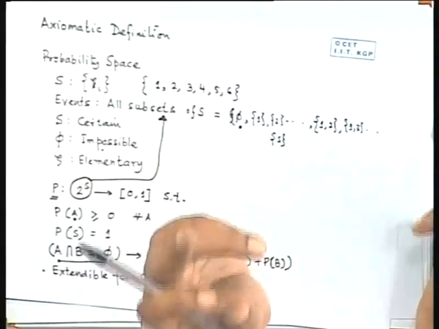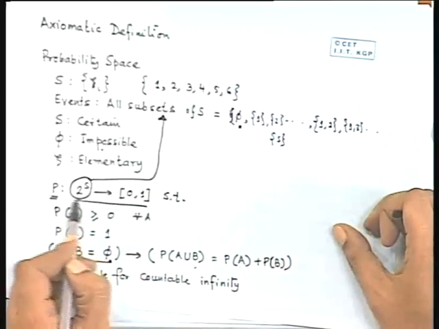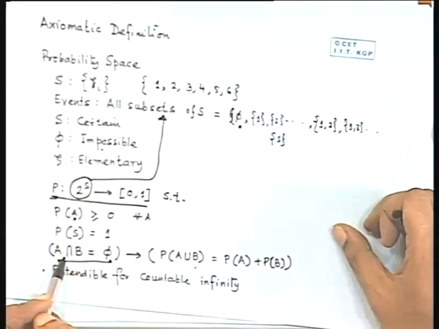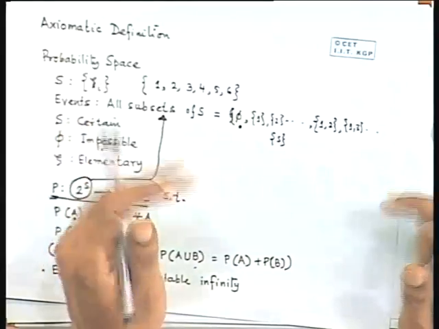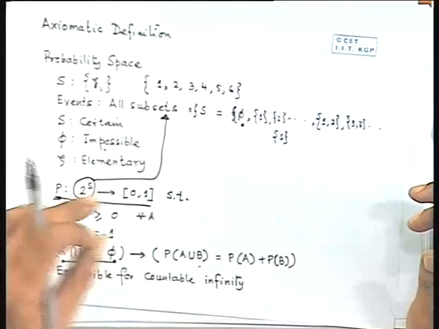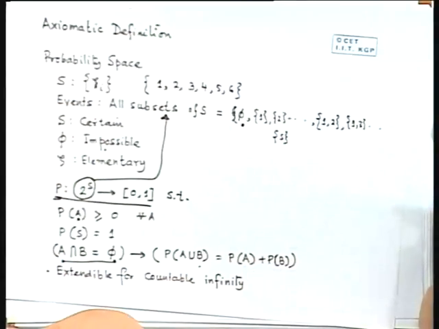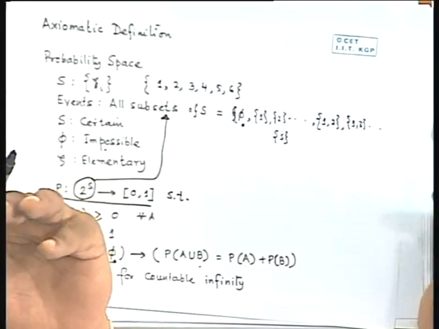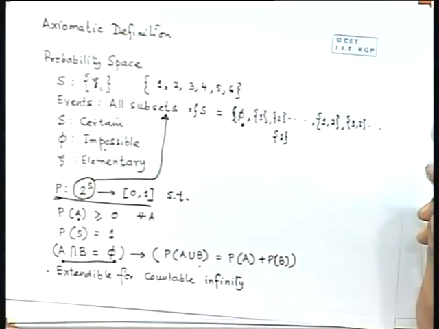These three axioms must be satisfied, and any assignment of a function which satisfies these three is a valid probability assignment. After satisfying these three, how you exactly assign numbers to these sets is actually your business. You can do it on various things, right? And this result is actually extendable for a countable infinity of sets.